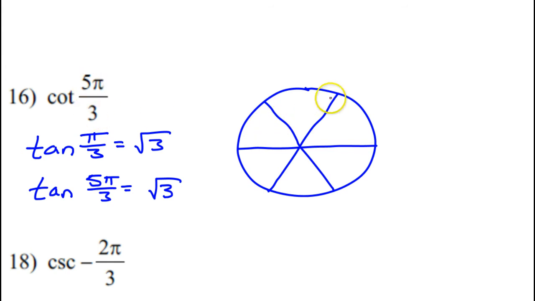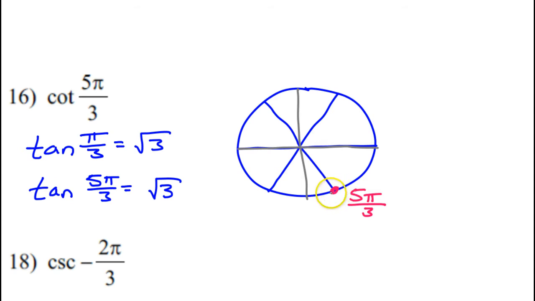So 5 pi over 3, so this would be 1 pi over 3, 2 pi over 3, 3 pi over 3, 4 pi over 3, 5 pi over 3 is right here. Okay, and just to make it extra clear what quadrant we're talking about, here's the y-axis for you. And the x-axis. Alright, so clearly this is here in the fourth quadrant.